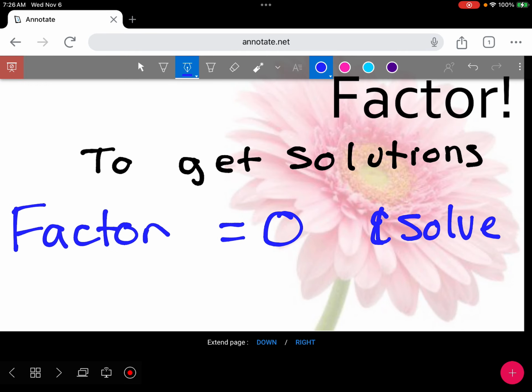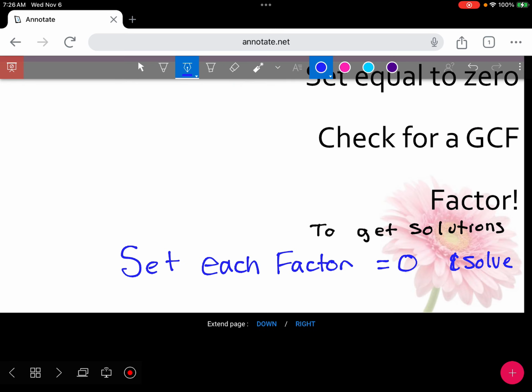So to get our roots, our solutions, our zeros, our x-intercepts, we're going to factor it, and then each of those factors is going to give us a solution. Each of those factors, like the x minus 11, each one will give us a solution.